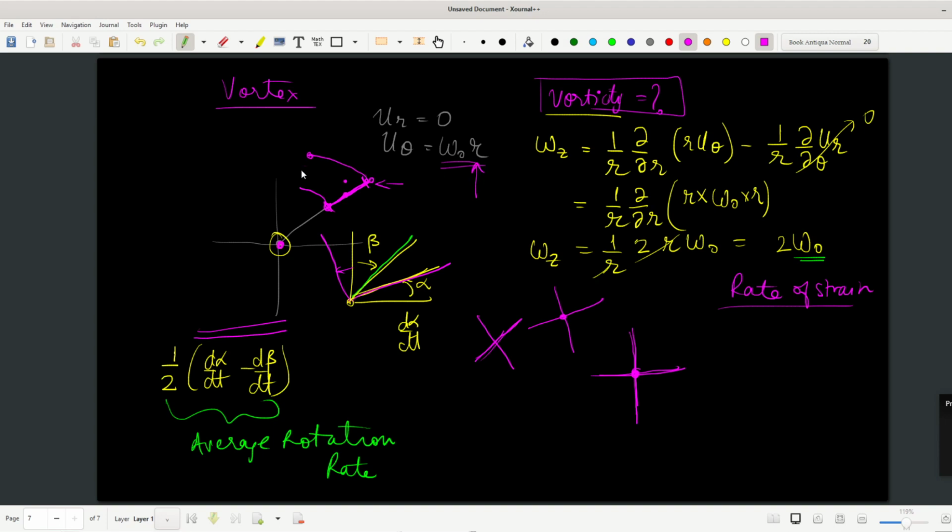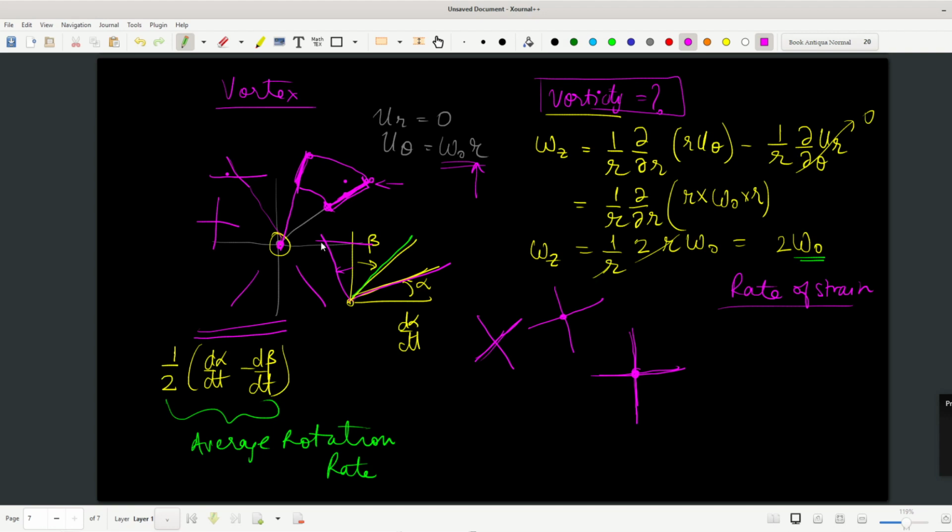Is it clear? So it sort of spans more and it again remains like this. So it's rotating like a solid body. It's like a straight rod which is just rotating in the flow. It's not deforming, meaning the radial direction is not changing. It does not become like this. It's like this same rod and it's going around in circles.